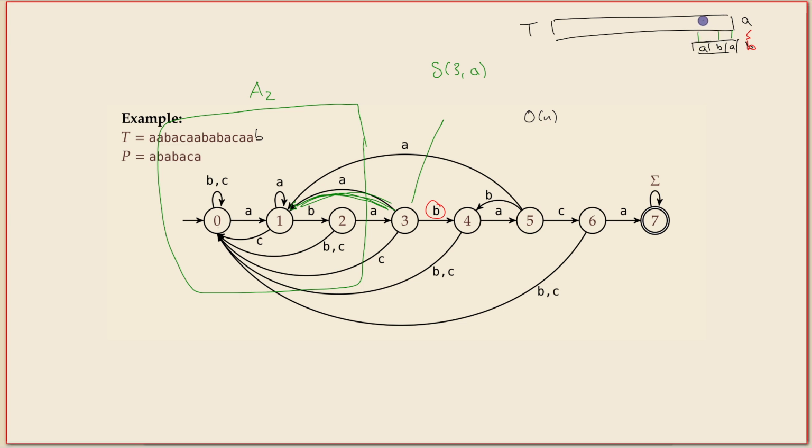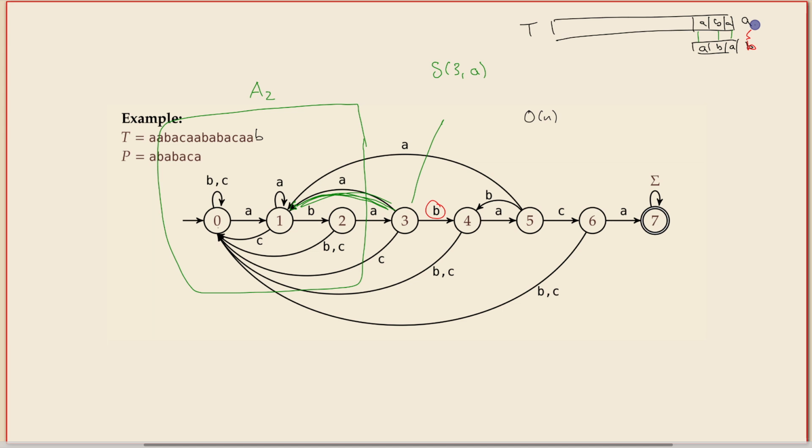So the text ends with these 3 letters, A, B, A. And then comes another A. Now, we know the automaton should now go to the state that tells us what's the longest prefix of the pattern we've seen if we read the A.